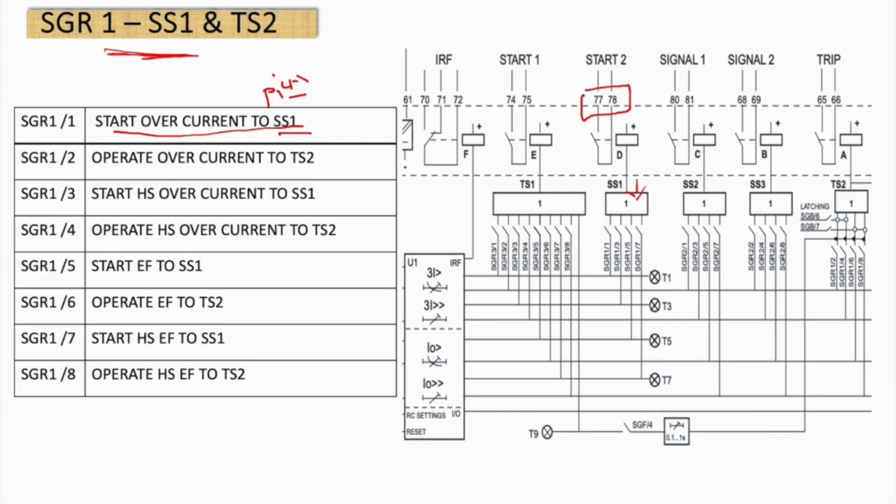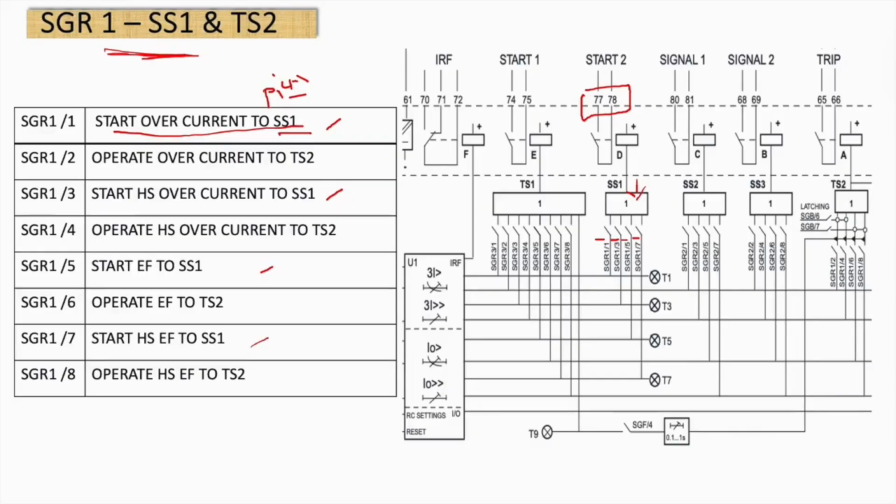So which ones come under SS1? You'll see here 1, 3, 5, and 7. So here, from 1, 3, 5, these 4 are for their start.